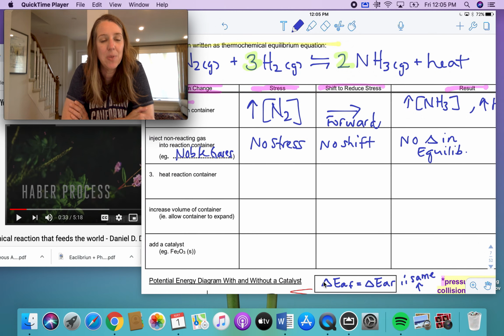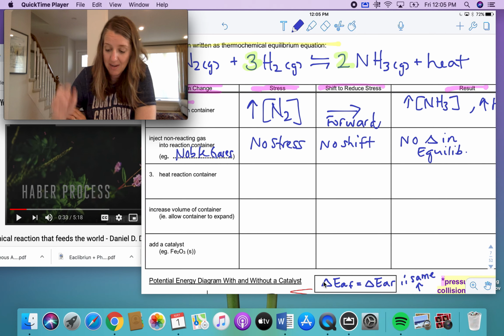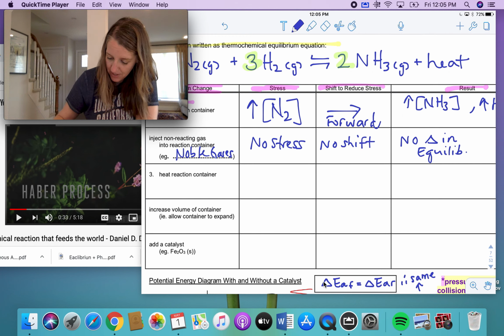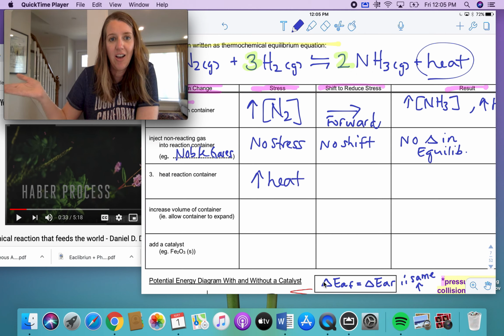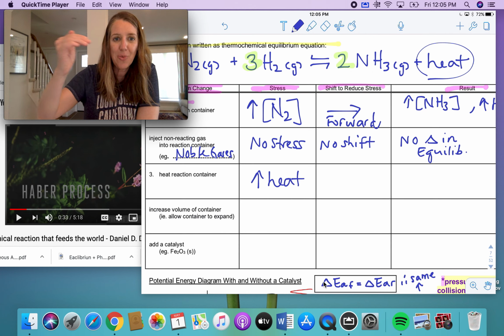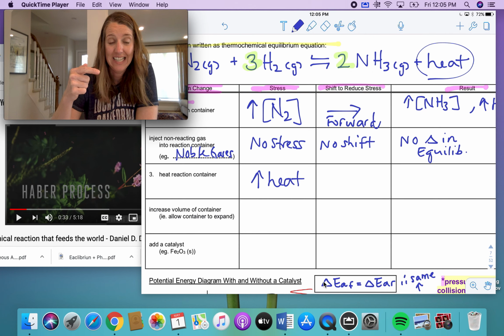Okay, next one. Let's talk about what happens when you change the heat. Here we have to recognize that heat's on the product side because it's exothermic. Okay, there's my heat right there. If I increase the heat on the product side, it's going to shift it in the reverse direction. Does that make sense? Other way.